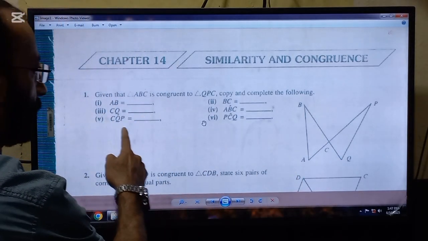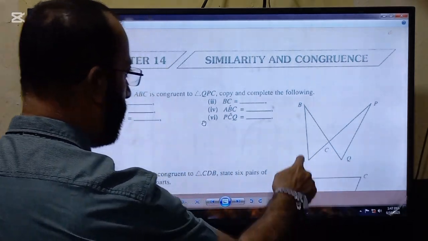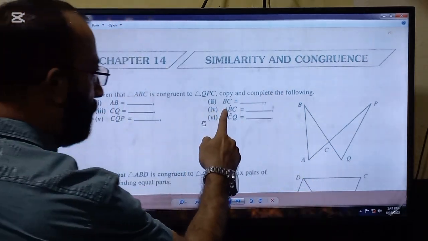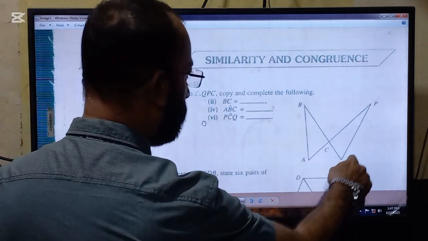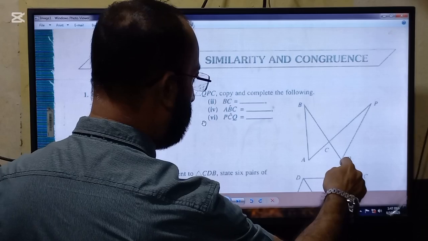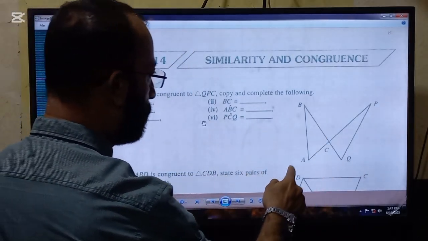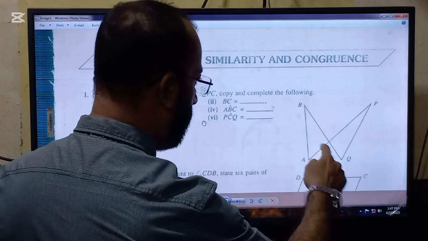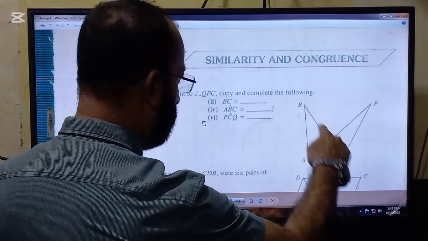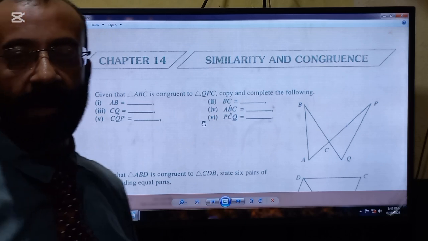CQP angle will be equal to CAP angle. AP side will be equal to QP side. ABC angle will be equal to QPC angle, and PCQ will be equal to BCA. So this will be the answer.